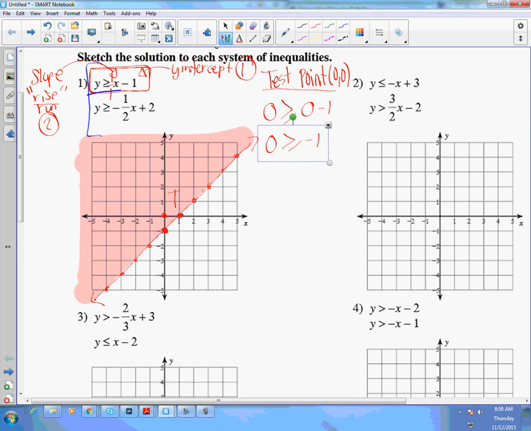Then take your second color and highlight lightly the second inequality.